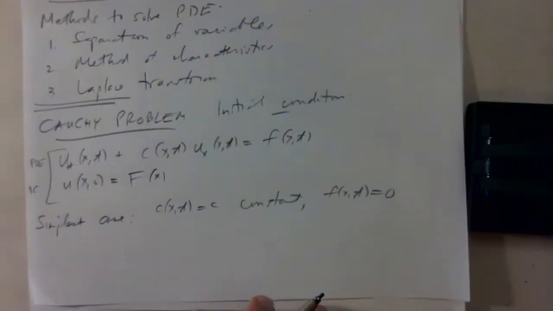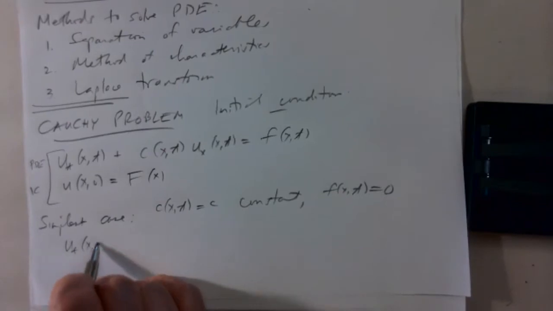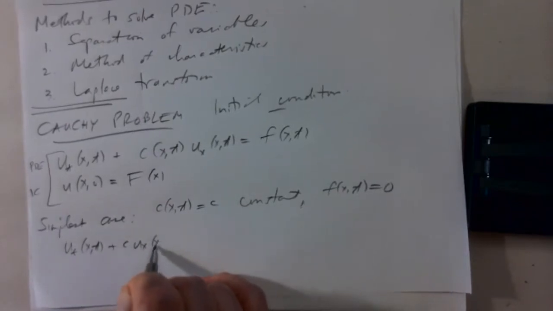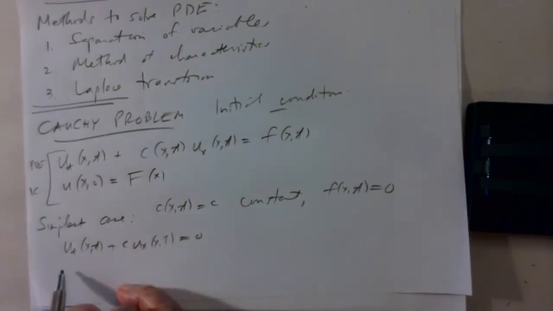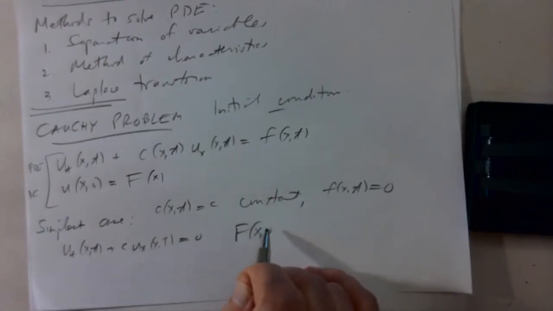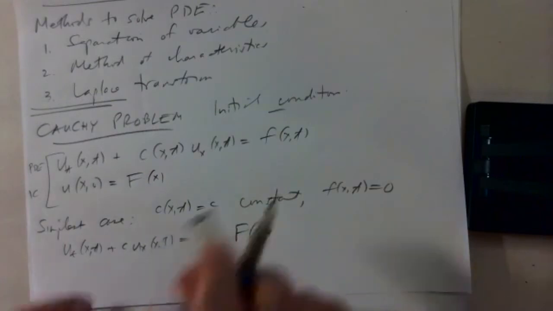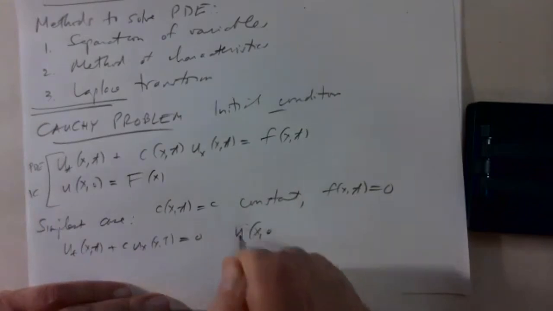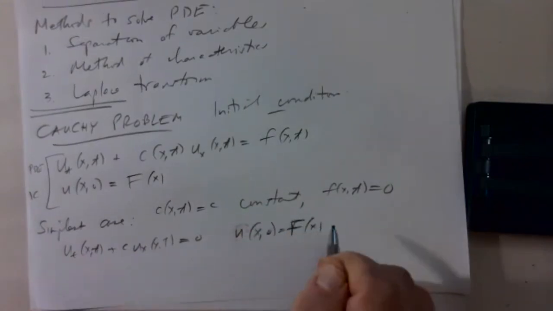So we have this homogeneous equation: u sub t of x,t plus c u sub x of x,t is equal to 0, and u of x,0 is some function F of x.